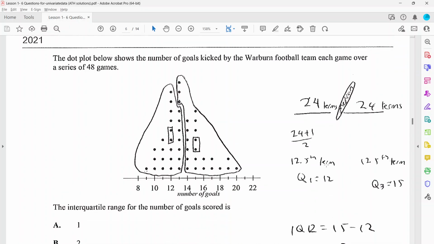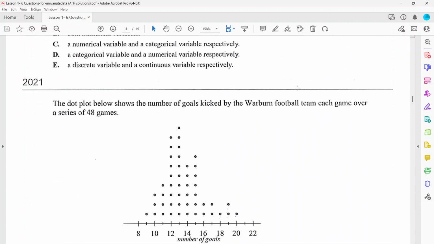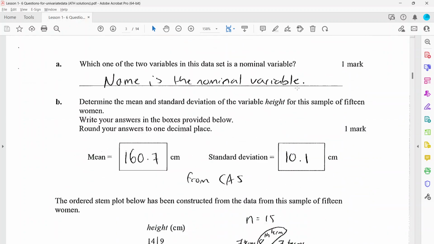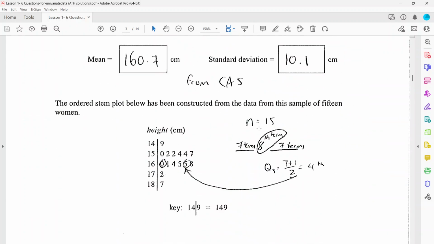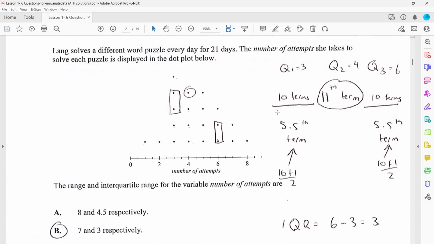This one here, okay, this is a bit trickier, but the dot plot below shows the number of goals kicked by the team over a series of 48 games. Still the same dot plot, but now we want to find the interquartile range. Okay, so before, in the previous example here, we actually knew the median. We knew it was the 8th term. And here above, we also knew the median was the 11th term.